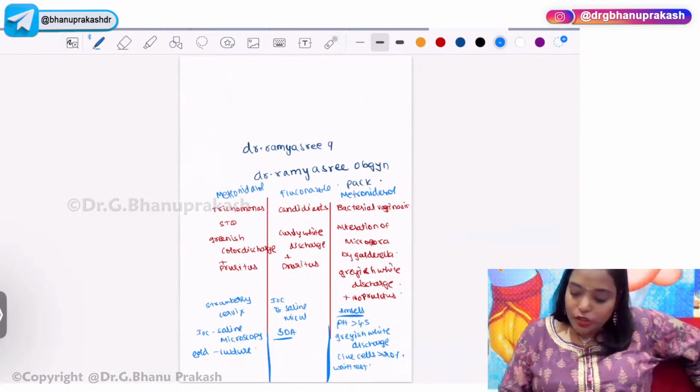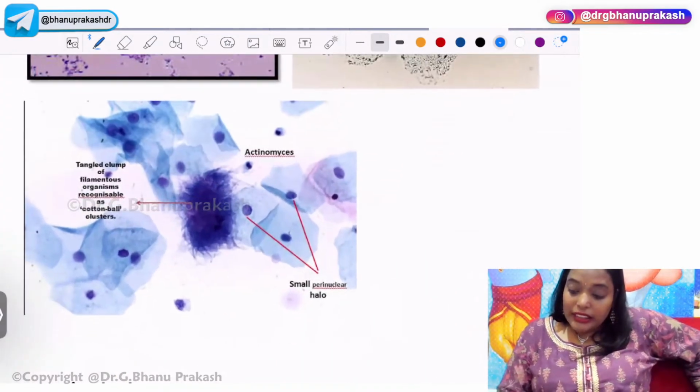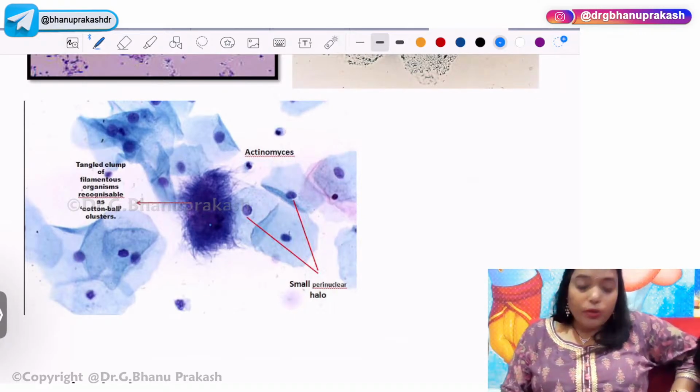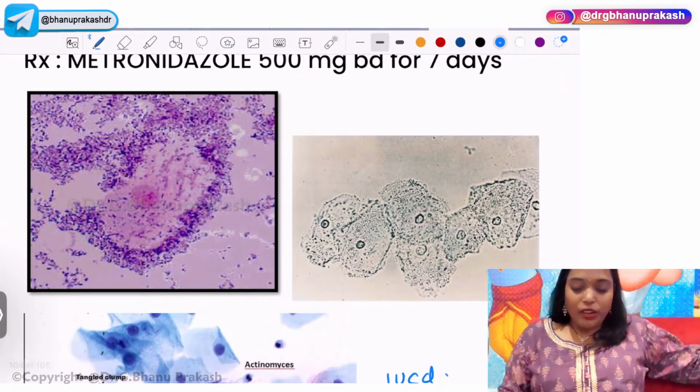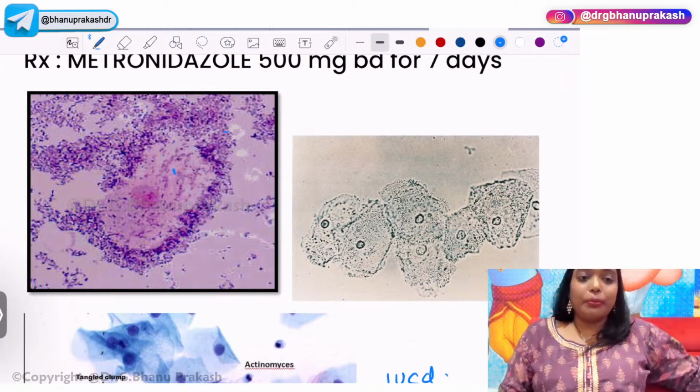Now, I'll just show you the pictures. This is the cotton woolly appearance that you see in actinomyces. It is mainly seen with IUCD users. This is the bacterial vaginosis clue cell, where you're seeing bacteria attached to vaginal epithelial cells.